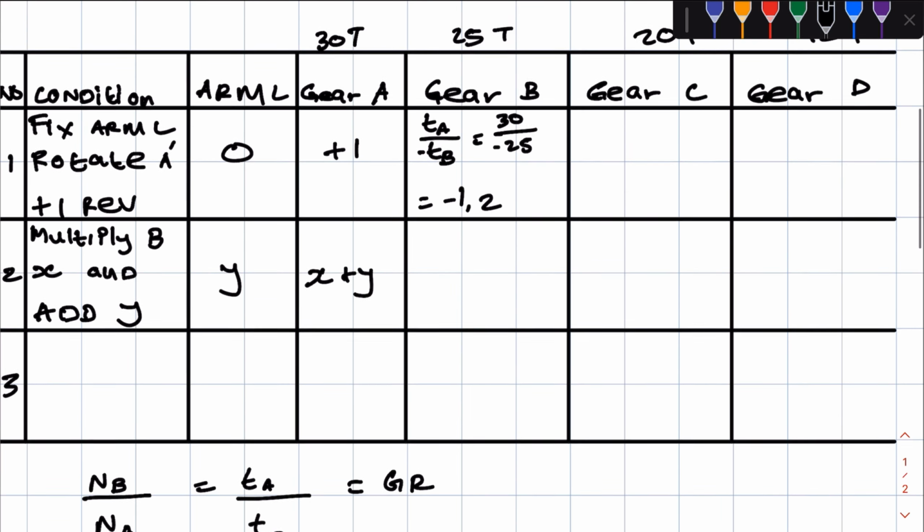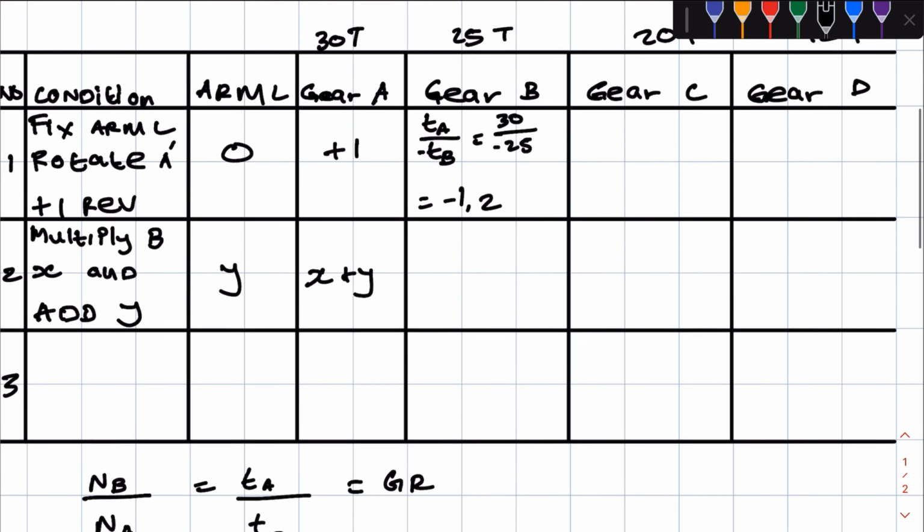Now, for the second condition, you multiply the first condition by x and then add y. For instance, if you look at arm L, the first condition for arm L is 0. So you multiply 0 by x and then add y.